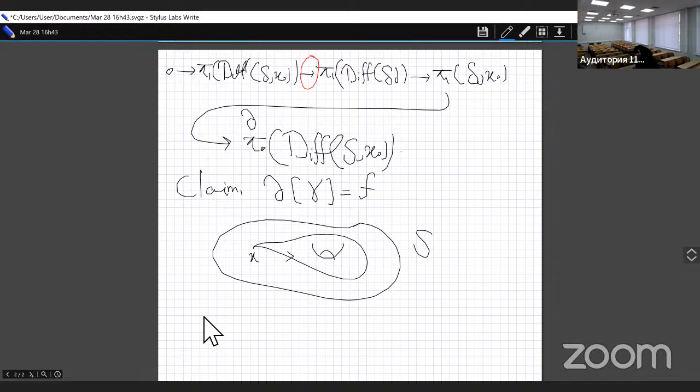But on the other hand, let's assume that we know that the mapping class group is generated by the Dehn twists along a family of curves, all of which have no self-intersections.